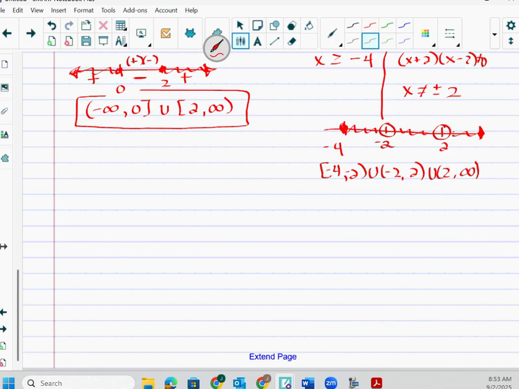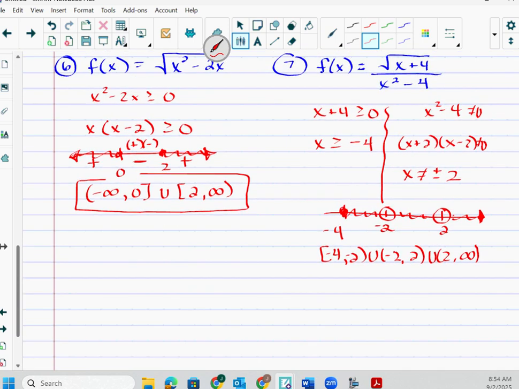Does it not go to negative? Nope, because of this piece right here, since it has to be greater than or equal to negative 4, it can't be anything on the left side of that. Other questions on that, guys? But it goes to positive.